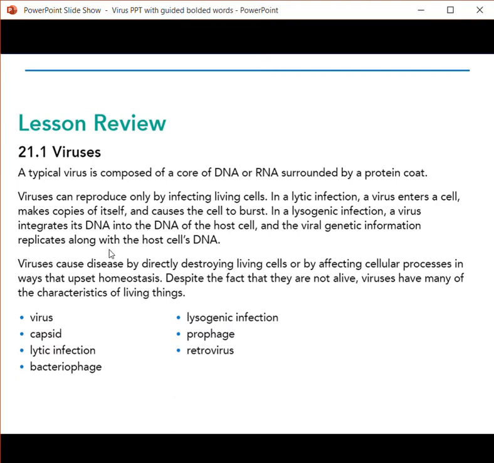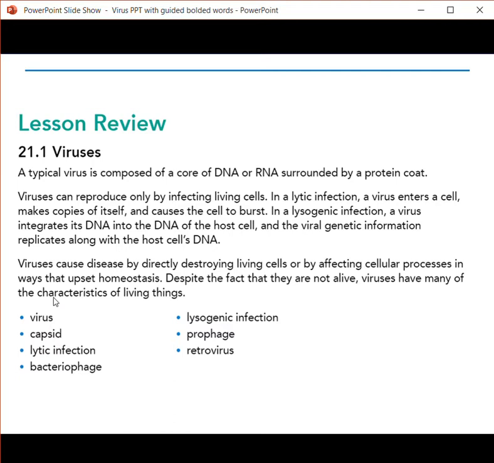Viruses can cause disease by directly destroying living cells or by affecting cellular processes in many ways that upset homeostasis. Despite the fact that they are not alive, viruses have many of the characteristics of living things. Let's quickly go through our vocabulary words.